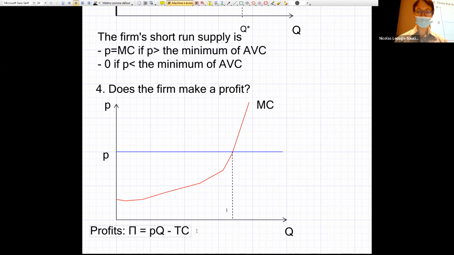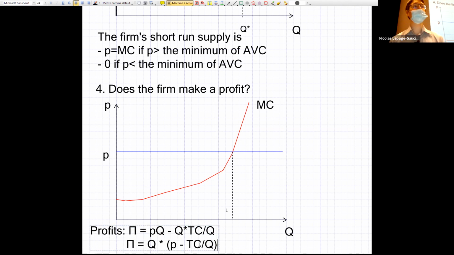Let's multiply and divide by quantity here. Right, we can do that. It's like multiplying by 1. And then what I can do is rewrite this. We have a Q here and we have a Q here, so let's put it in front. So we have quantity times price minus total cost divided by Q.